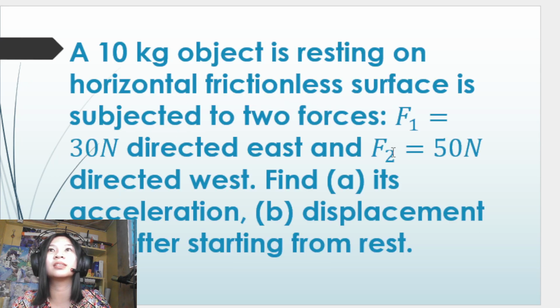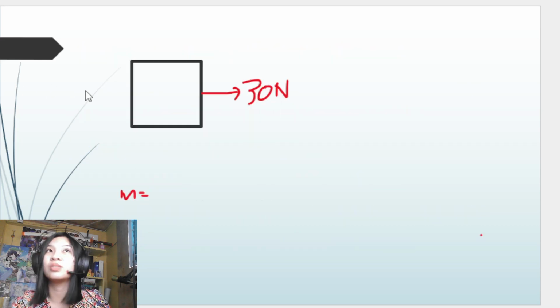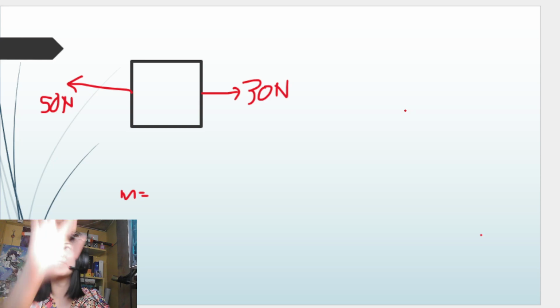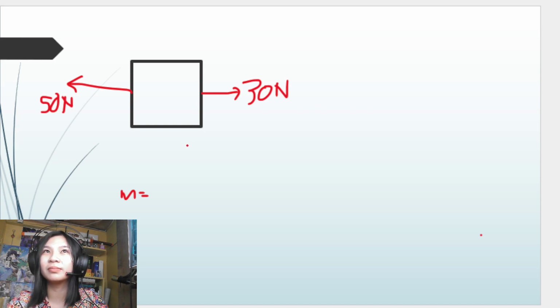Next is F2, 50 newtons directed to the west, or going to the left. Okay, so let's say that is straight. Then this is also what I saw in our summative. After that, they no longer wrote FG and F norm.